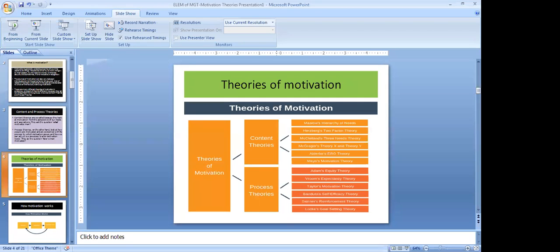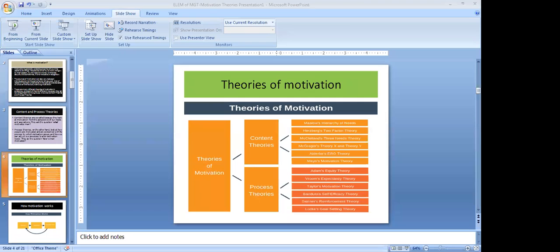So the table lists the different theories under the content and process theories of motivation. But we are going to limit ourselves to the discussion of the content theories for today because of the requirement of this course.